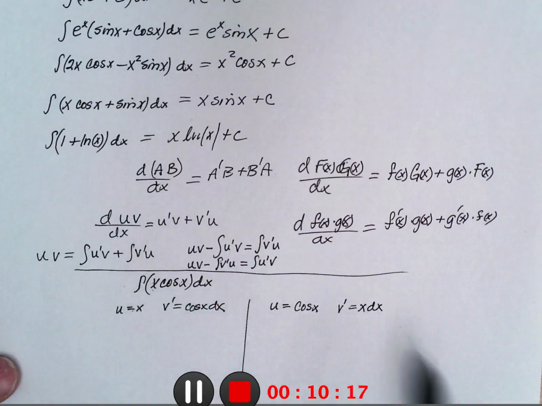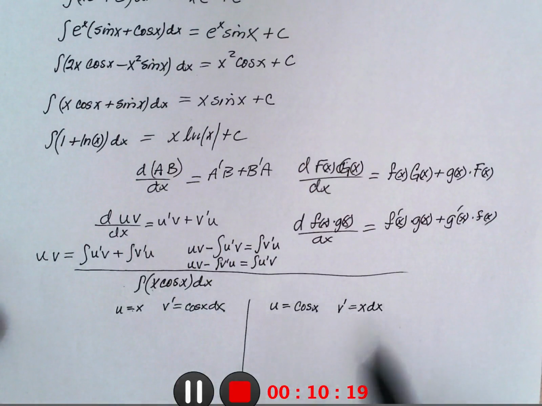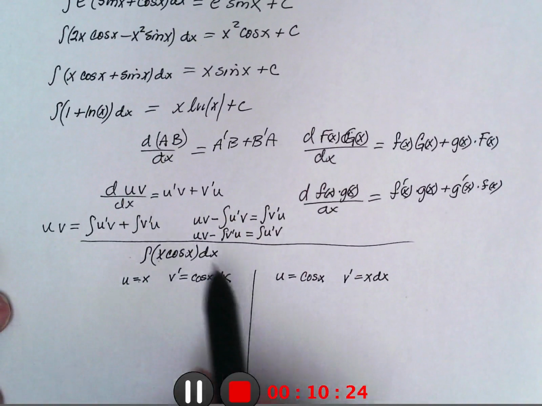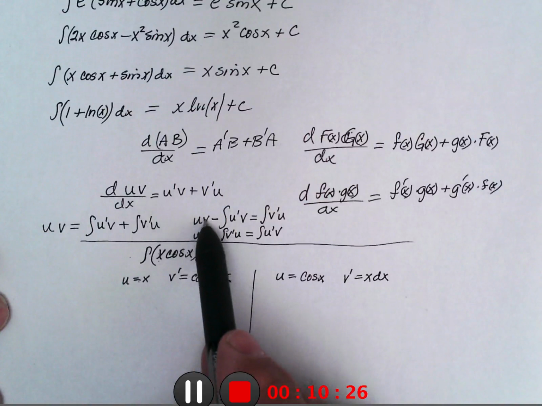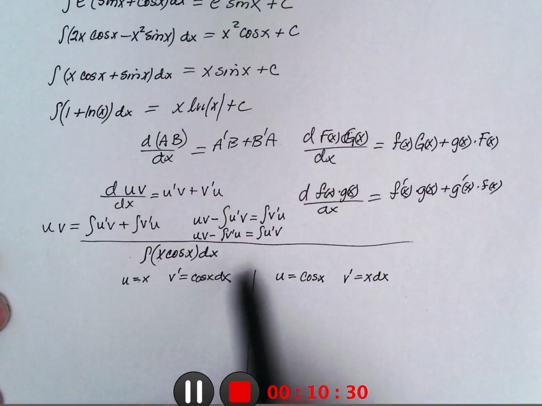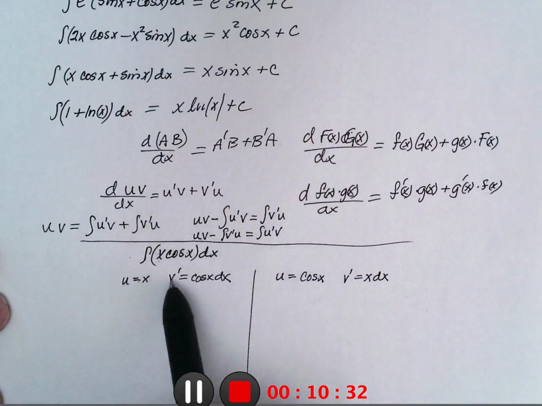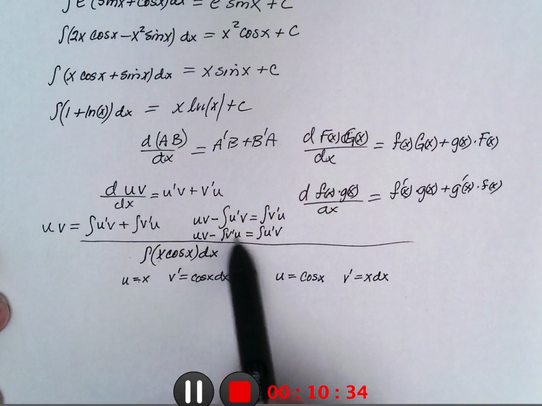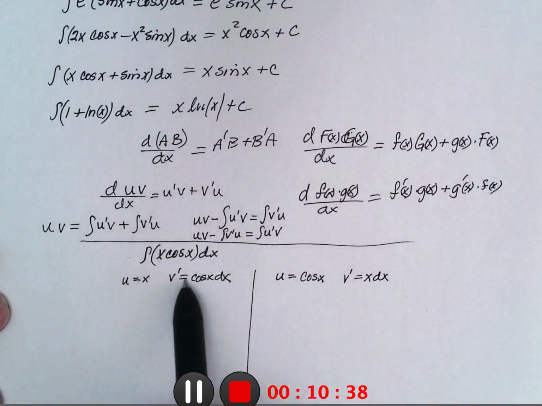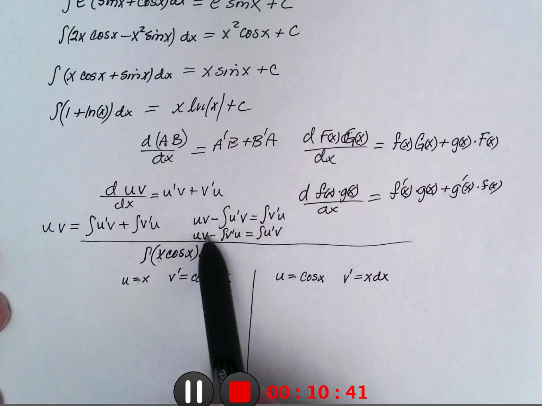So to do this one now, notice that we need to know U and V. So I need to do the antiderivative of this. And if I'm using U and V prime, that's this one, so I'm going to need to know U prime and V. So I need the antiderivative for there, and I need the derivative.